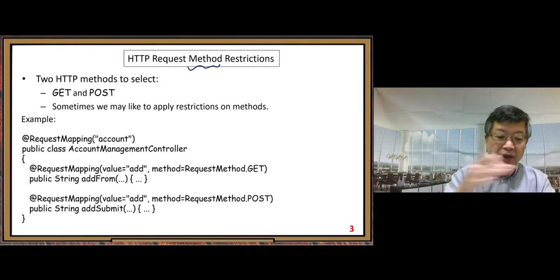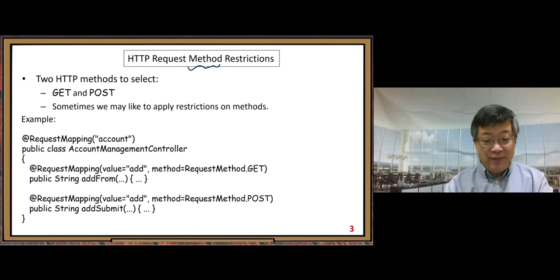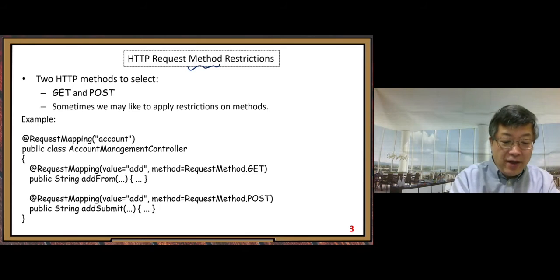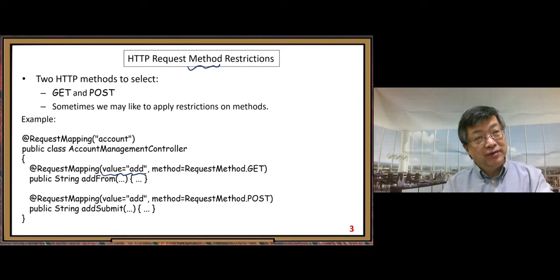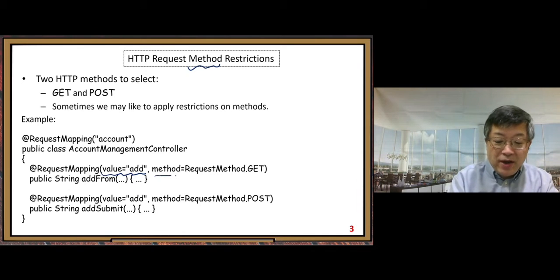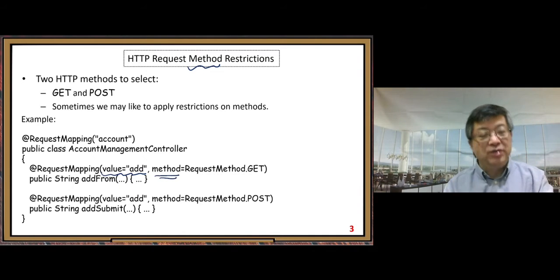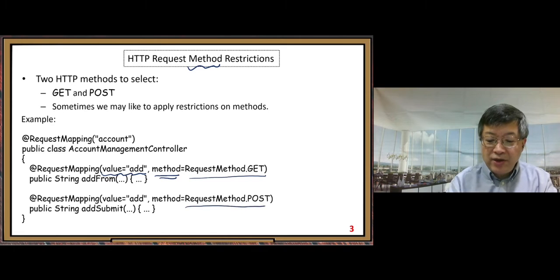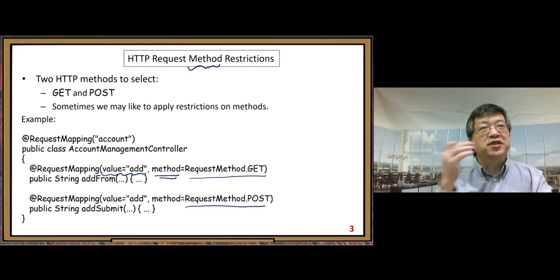In these examples, pretty simple. Look at the attribute other than the value attribute. Value equals "add", and we use another attribute, the method attribute. The method attribute equals this constant, RequestMethod.GET or RequestMethod.POST.